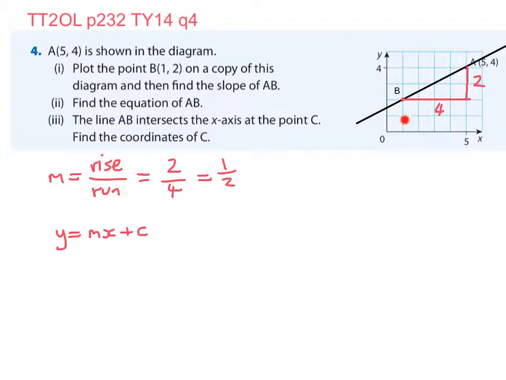If you go from 1, 2 and you're going back 1, you're going to be going down a half, so it shouldn't be too difficult to realise that 1 half down from 2 gives you 1.5. So straight away we could say the equation is y equals a half x plus 1.5. That 1.5 comes from the fact it's crossing the y-axis at 1.5. The half x comes from the fact that the slope is a half.